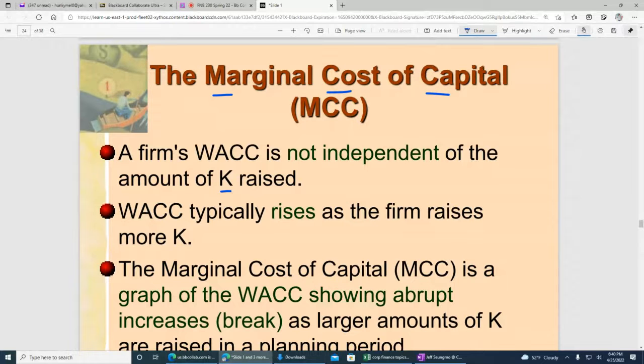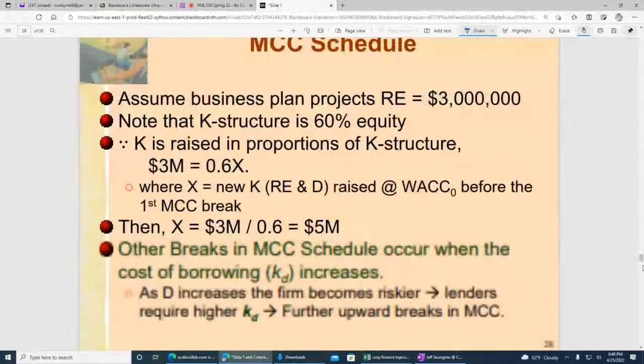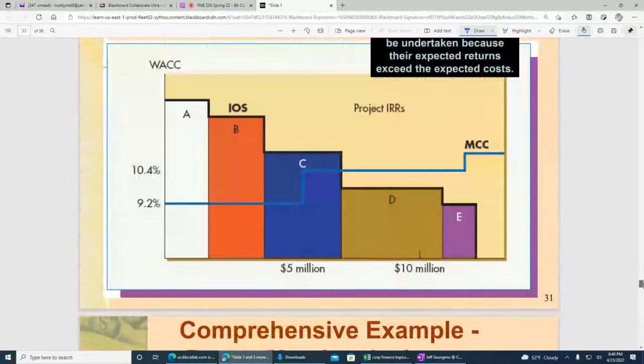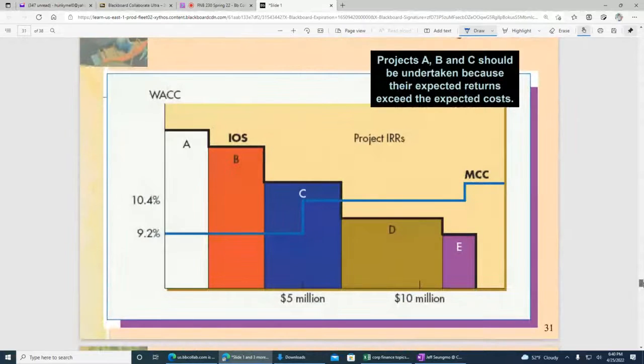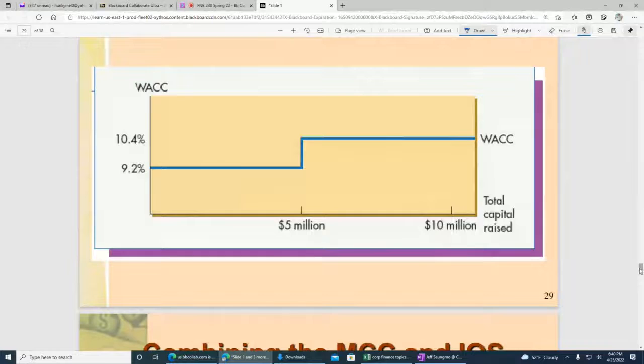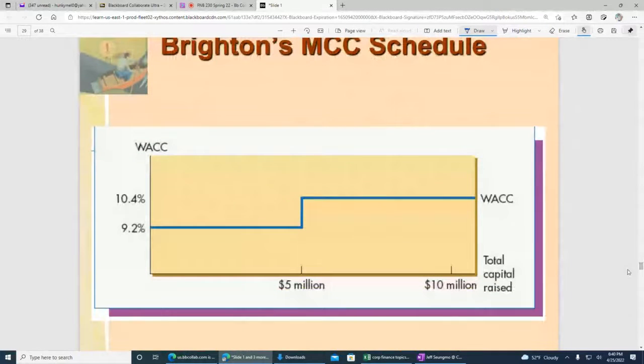In other words, let me show you this picture. So the picture is like this. Let's say the total capital required is 10 million.